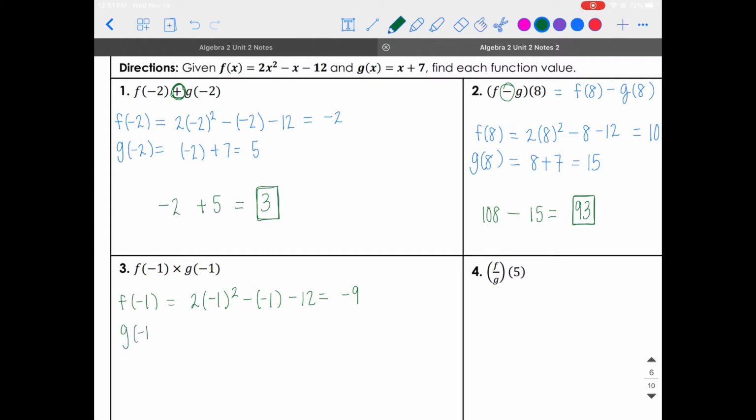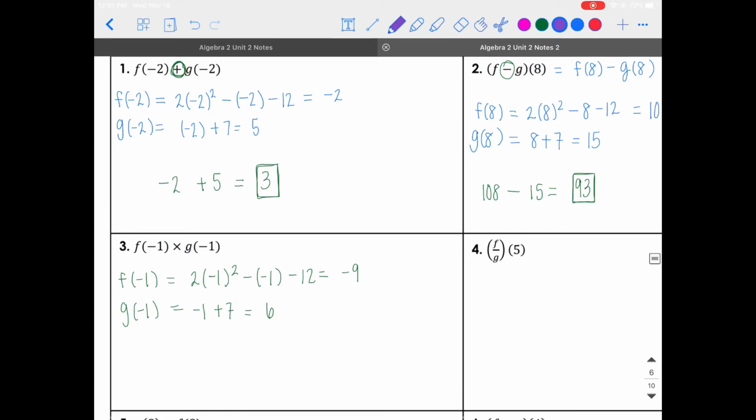And g of negative 1 is negative 1 plus 7, which is 6. And my problem was a multiplication problem, so I'm going to do negative 9 times 6, which is negative 54.